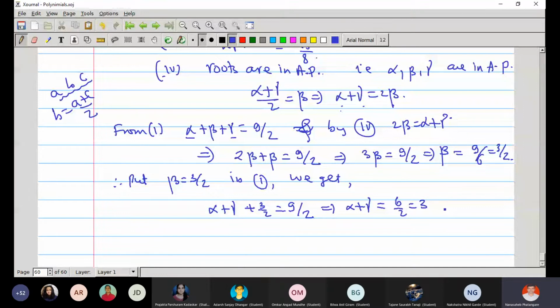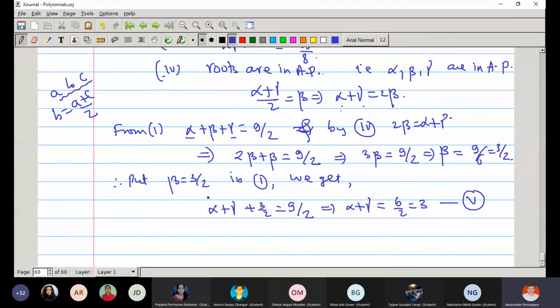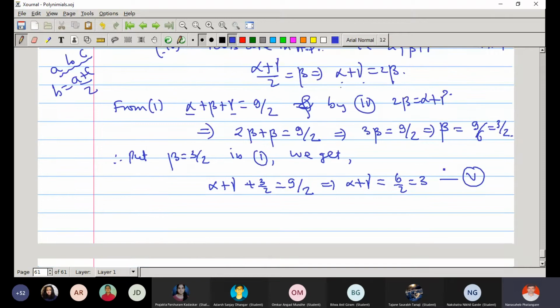And also from which equation? Third equation. From third equation, if you substitute value of beta, alpha, beta, gamma is equal to 15 by 8, so alpha gamma times 3 by 2 is equal to 15 by 8.